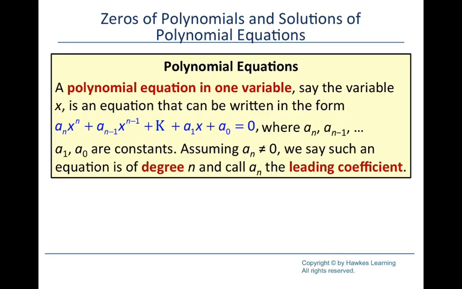And a sub n minus 1 is the coefficient that's in front of the next highest power of x. On down to where you have a sub 0, which is the constant. Okay? And the leading coefficient is not 0. And that's the degree. The degree of your polynomial is n.